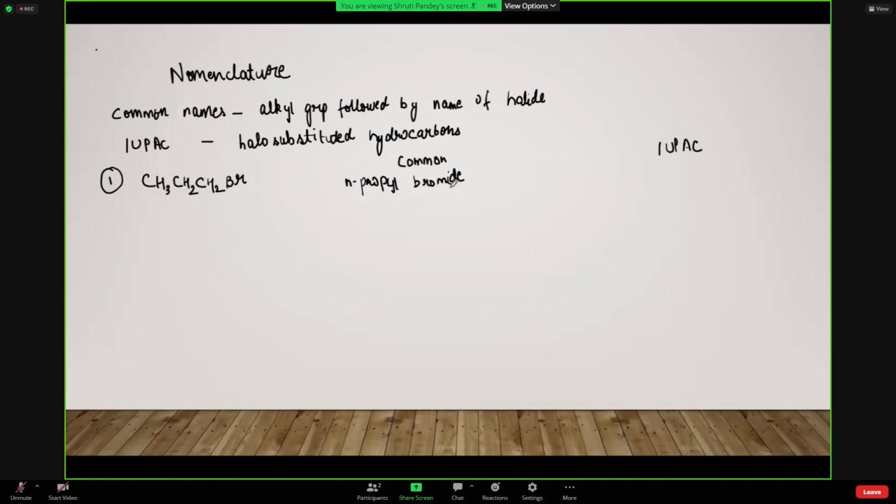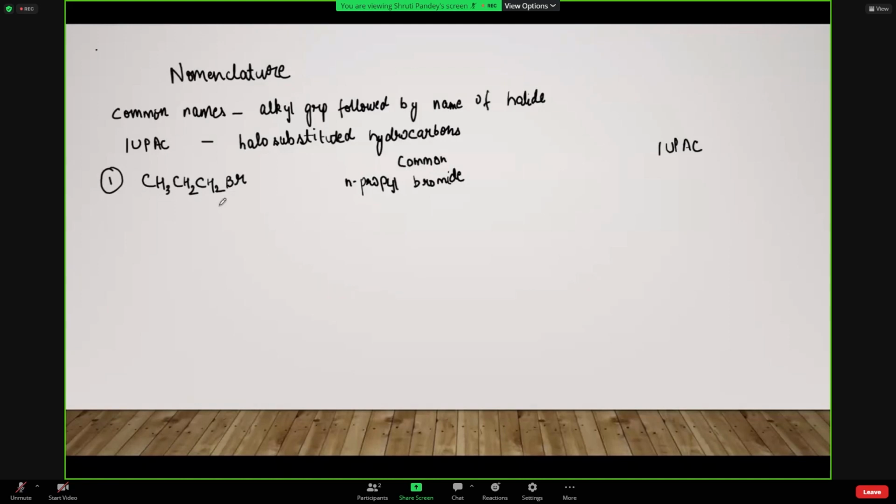तो common name का जो pattern होता है that is हम लोग पहले जो भी हमारा alkyl group होता है, that means जो halogen जिस भी group से attached है पहले वो group लिखते हैं और उसके बाद में halide का नाम लिखते हैं, halogen का नाम लिखते हैं. So this is N-propyl bromide क्योंकि ये जो तीन कार्बन वाला group which contains 3 carbon atoms, this CH3, CH2, CH2, this is the propyl group. ठीक है.